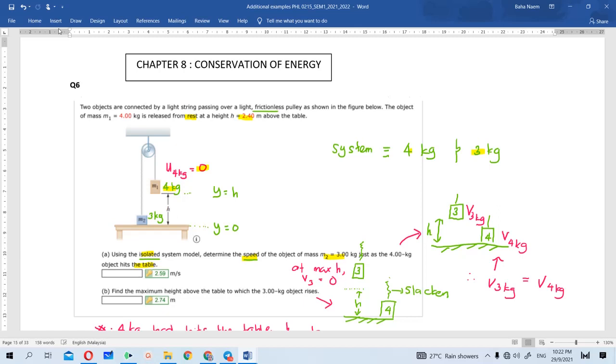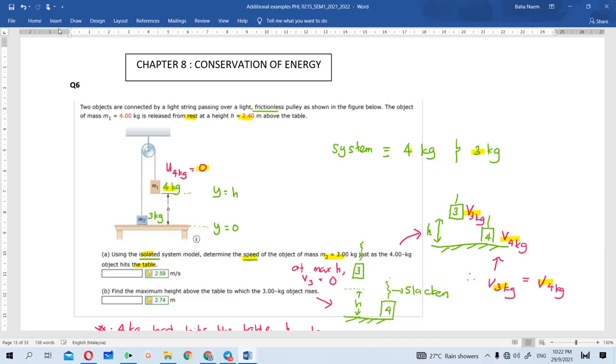Understand? Now what happens in the process is that when the 4 kilogram falls to the table, before the impact, they have the same final value. They have the same final value, right?